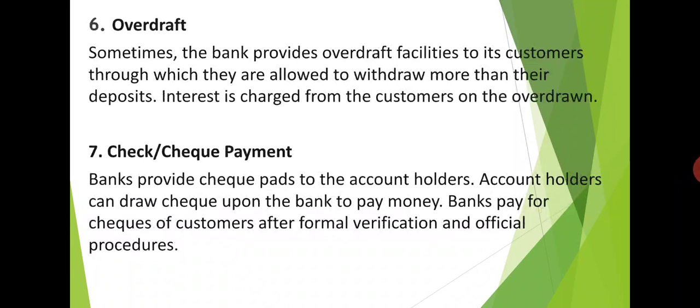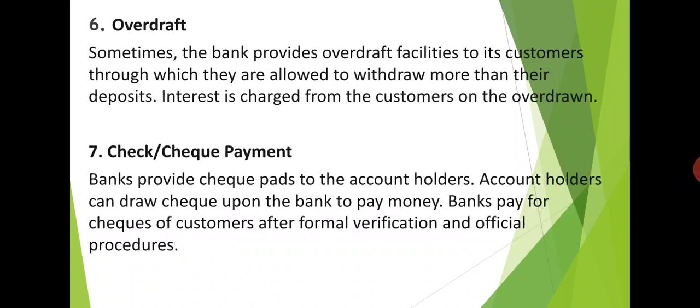When a customer is able to withdraw beyond their limit, that facility is known as overdraft facility. Generally this facility is provided to commercial people or corporates for their business purpose.